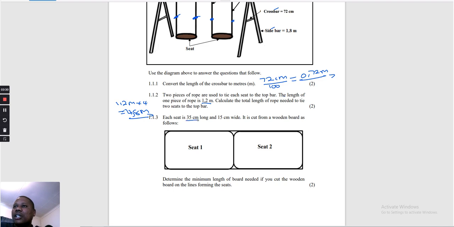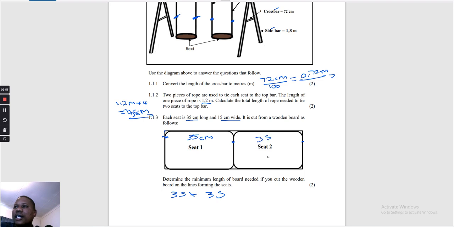The dimensions of a seat, one seat, meaning from here to here is 35 centimeters. So how much is the total length? We're going to say 35 plus 35, because it's also the same from here to here.